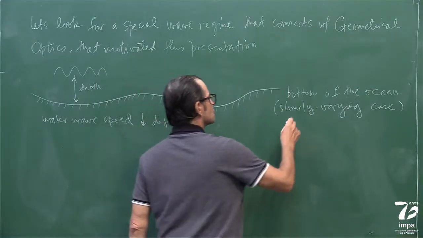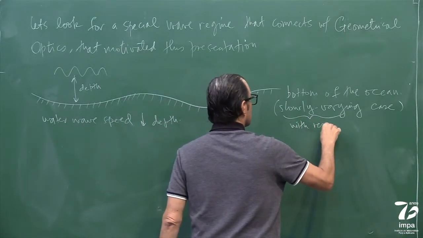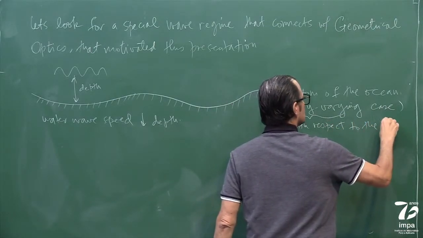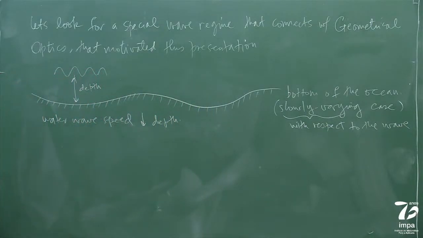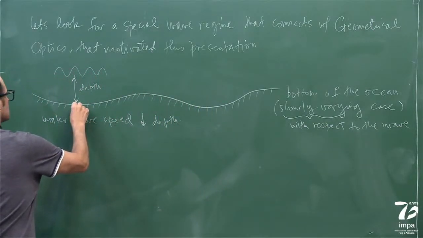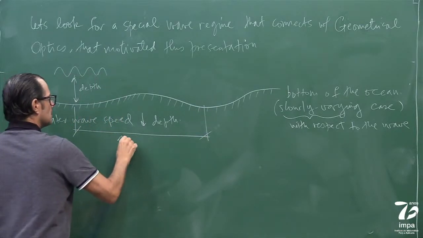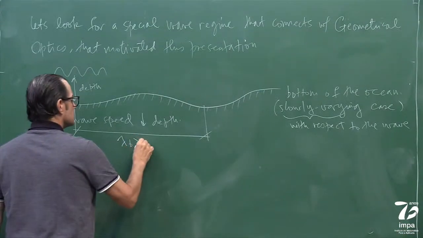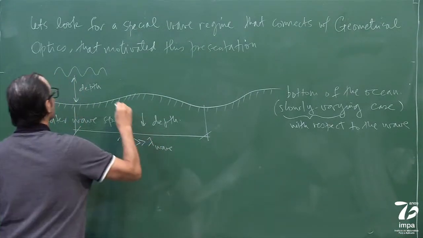Slowly varying has to be with respect to something, with respect to the wave, which means that this length scale here, which is, say, the lambda of the bottom, is much bigger than the lambda of the wave.